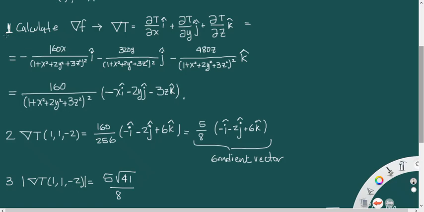And the first step is to calculate the gradient vector of the function. As you know from the previous lectures, the gradient vector for T, which is the temperature, is going to be the partial derivatives of T with respect to X times i, plus partial derivative of the function T with respect to Y times j.